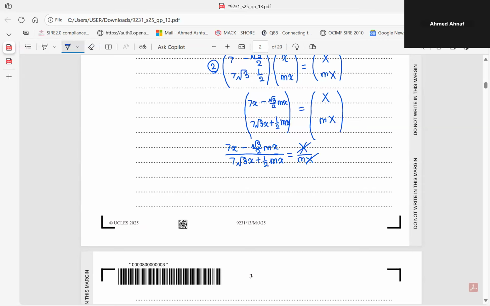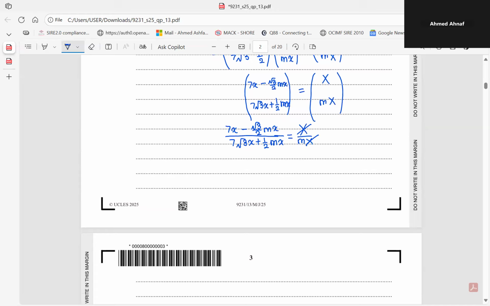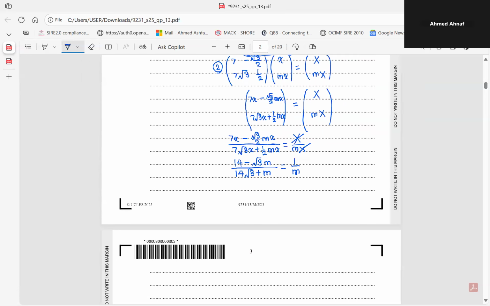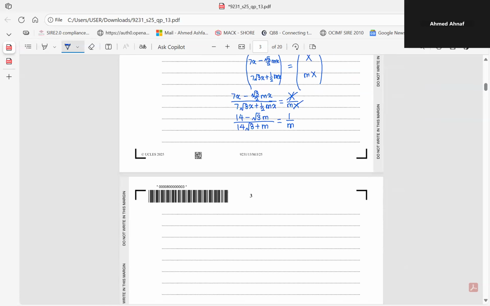So this is just 1 over m. And we can also cancel off x. We can factor out x from both the numerator and the denominator on the left-hand side. And to make it simpler, we can also multiply both the numerator and the denominator by 2. So let's do those at the same time. So this is going to be 14 minus square root 3m over 14 square root 3 plus m equals 1 over m. And now we're ready to solve for m and find the equations.